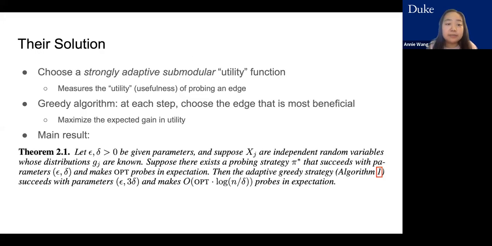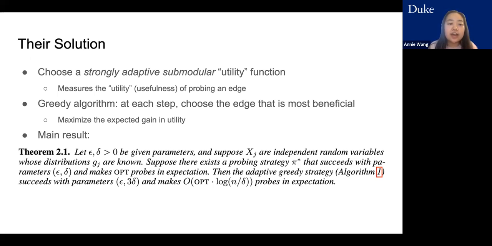What they did in this paper was choose a strongly adaptive submodular utility function. We're going to define exactly what strongly adaptive submodular means in a later slide, but all you need to know here is that it's a utility function that measures the usefulness of probing an edge.